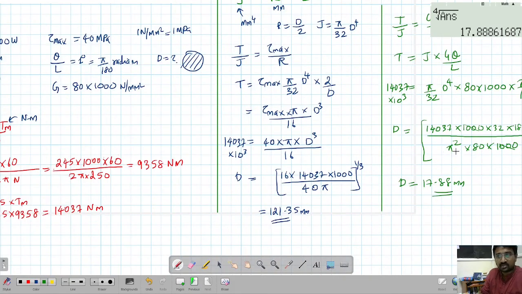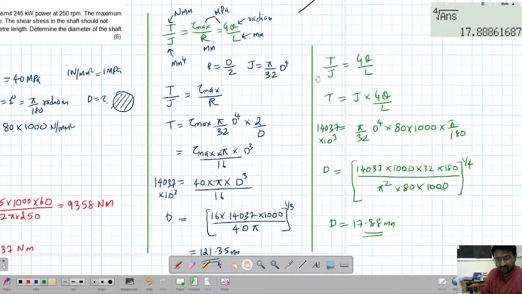So the question is which diameter we have to take. You can see here in this equation, when diameter is more, the value of J will be more. When the value of J is more, the theta value will be less. So if the diameter is more, we will get less theta by L. That is acceptable. The theta by L maximum value should be 1 degree. So if we increase the value of diameter, the value of J will automatically increase, so the value of theta by L will be less than 1 degree.